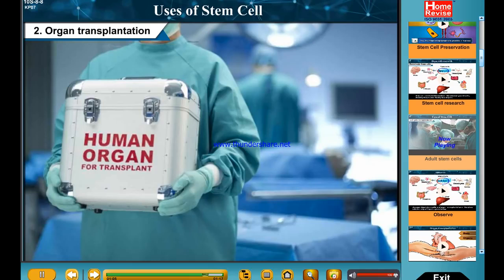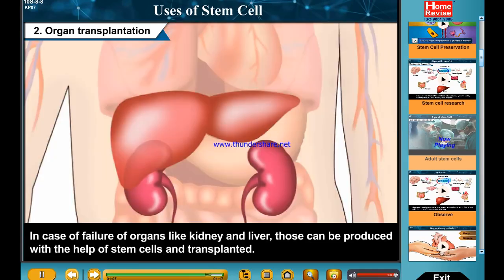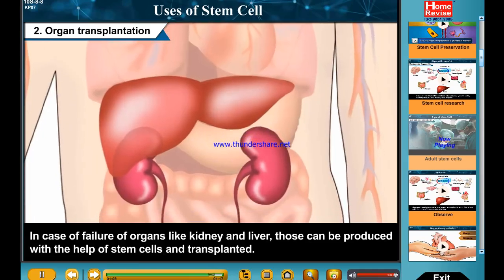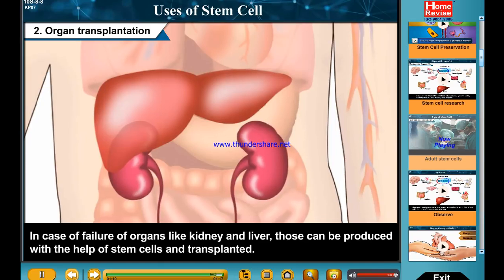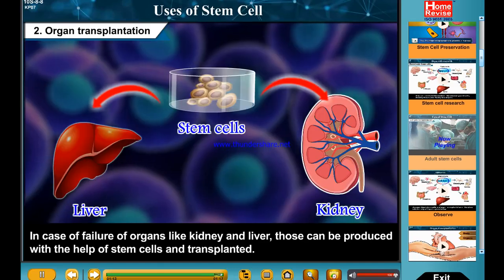Organ transplantation. In case of failure of organs like kidney and liver, those can be produced with the help of stem cells and transplanted.